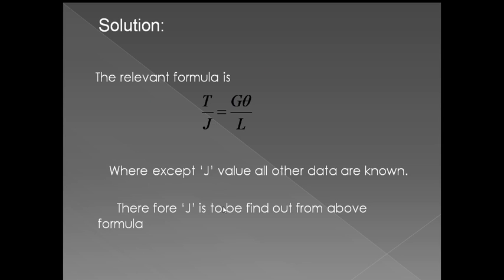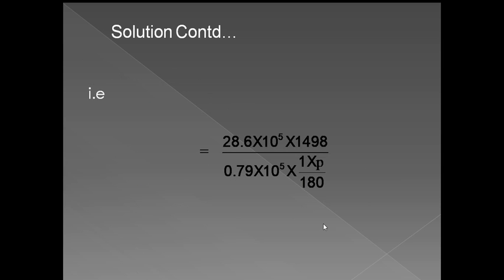To find J from the above equation, J equal to TL by G theta. So T is 28.6 into 10 to the power of 5 into L is 1498 by 0.79 into 10 to the power of 5 into pi by 180.